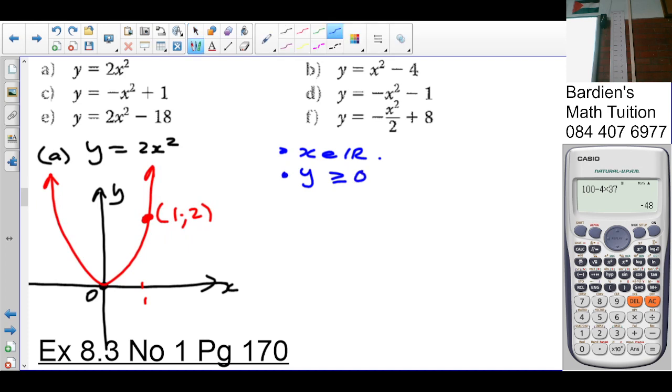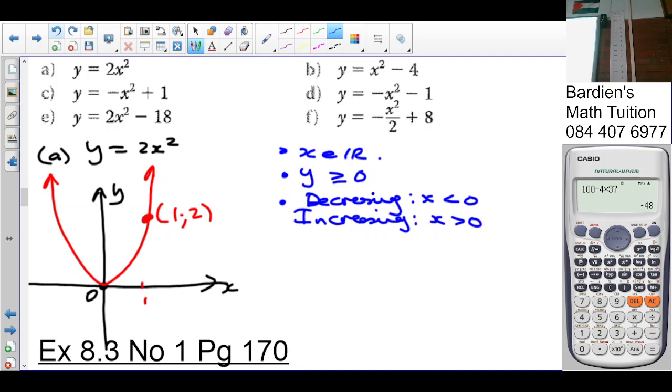Okay? What's the next thing I ask you? Where the graph is increasing. So this part of the graph it is decreasing. So it's decreasing for x is less than 0. Where is it increasing? X is more than 0.